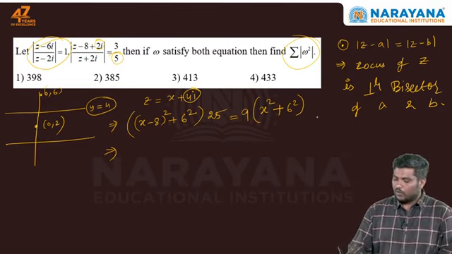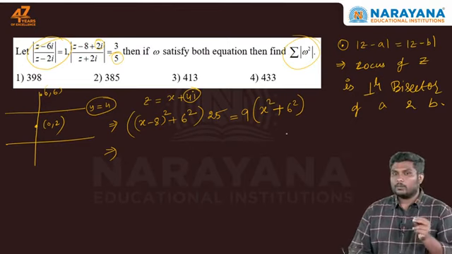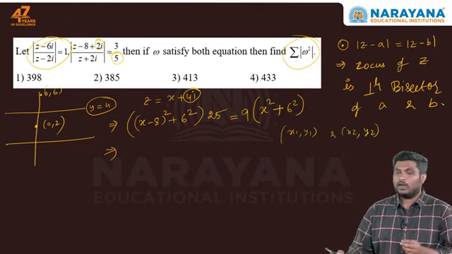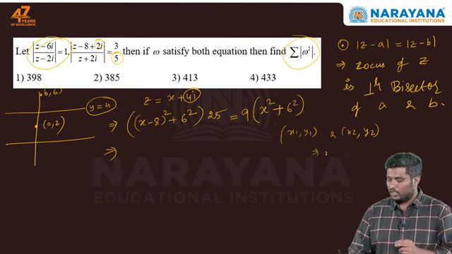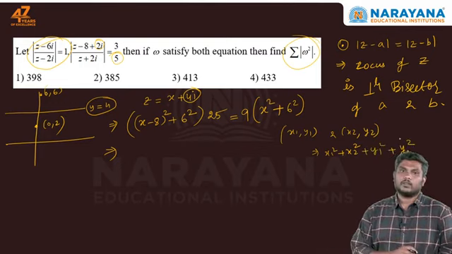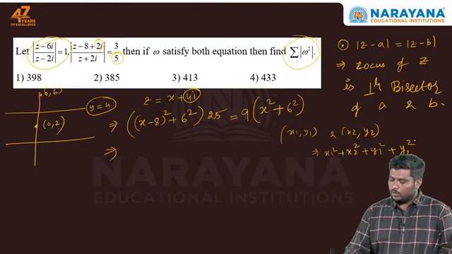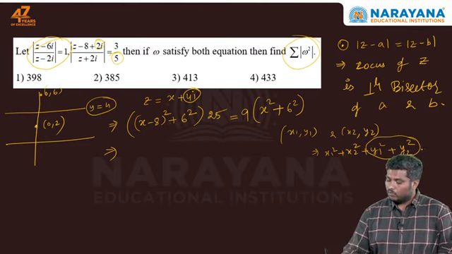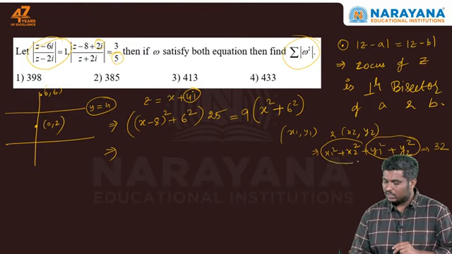If you take those two complex numbers as x1 comma y1 and x2 comma y2, what he is asking us to find is x1 square plus x2 square plus y1 square plus y2 square. Already we know y1 square plus y2 square is 16 plus 16, which is 32, and what we have to find is this value.